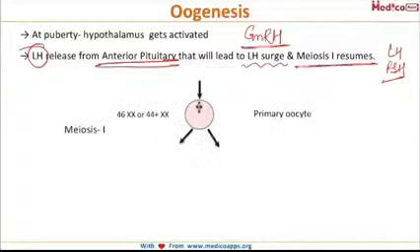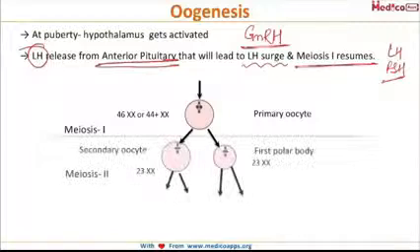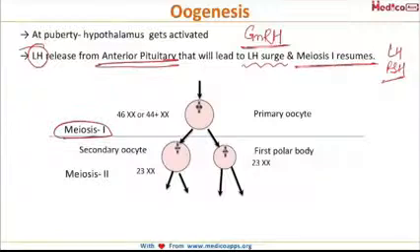So the primary oocytes, under the effect of LH surge, complete the first meiotic division, and this leads to the formation of a secondary oocyte and the first polar body. As I said, it is a reduction division. Meiosis I is a reduction division, and so the nuclear material gets divided between the secondary oocyte and the first polar body as 23X and 23X.